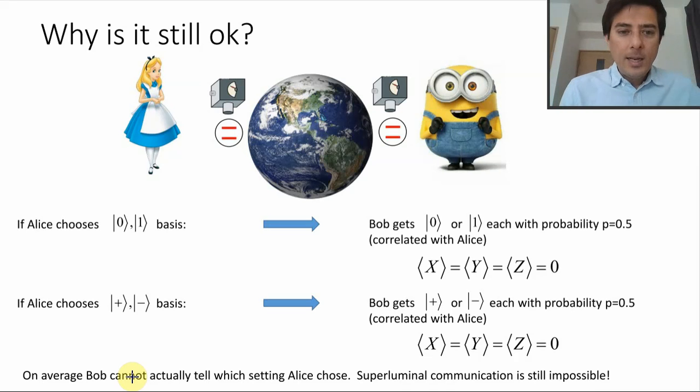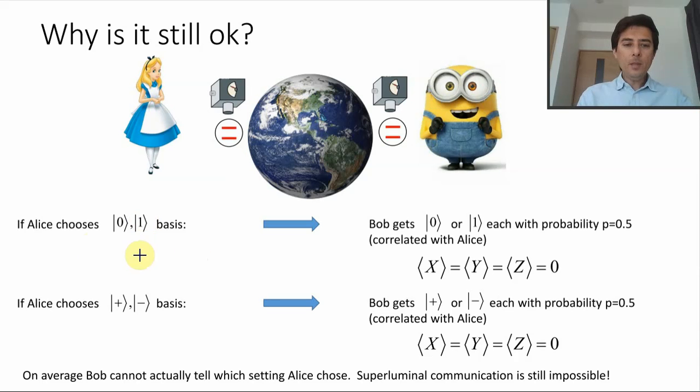As it turns out, it does look like Alice can influence Bob, but the way people understand it these days is that it's still consistent with Einstein's theory that nothing can travel faster than the speed of light. Basically, because on average, Bob can never tell which measurement setting she made.